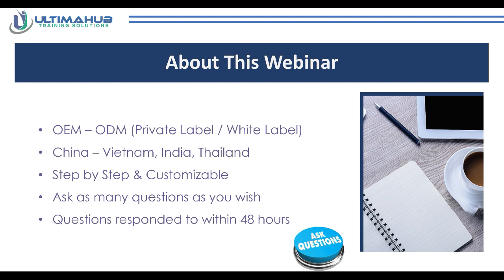OEM, on the other hand, original equipment manufacturer, is when you recruit a manufacturer to make the product for you, and you give the complete product specification, and you're pretty much designing a product from scratch. So for example, Apple and Dell, they don't have their own factories, they make the design, they have the patents on the design, and they have an OEM manufacturer to actually make the products for them.